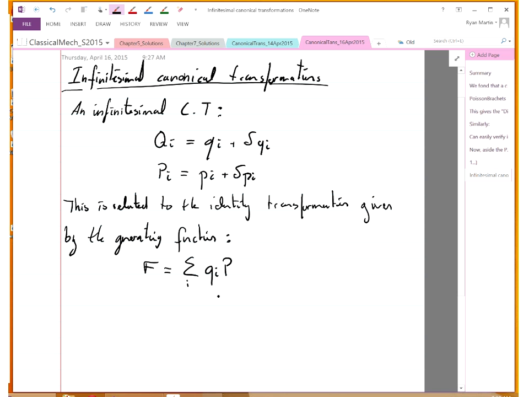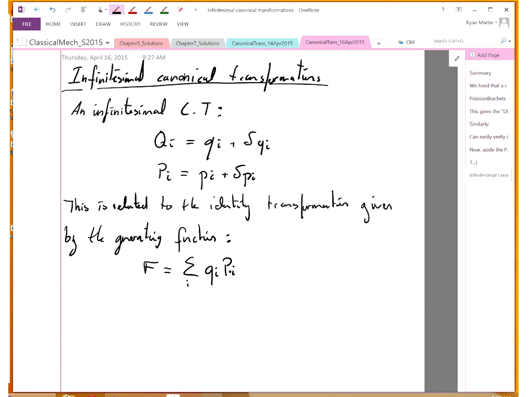Remember, we actually did one of the examples: if you take the generating function to be the sum over the degrees of freedom of lowercase q_i with capital P_i, the transformation that you get is the identity transformation. You get that capital Q_i is equal to lowercase q_i, and that capital P_i is equal to lowercase p_i.